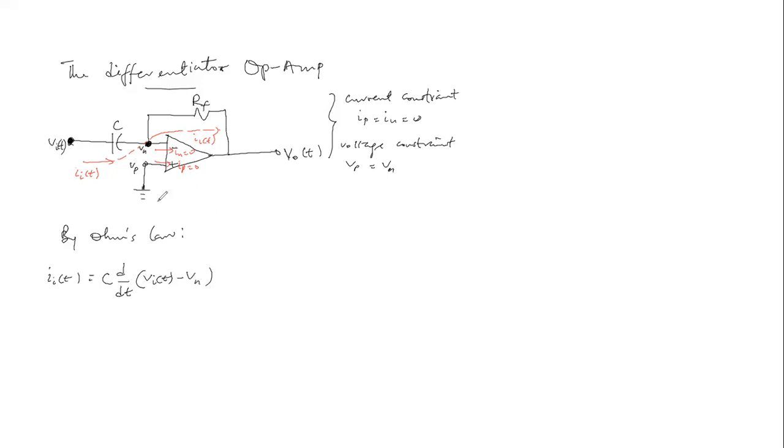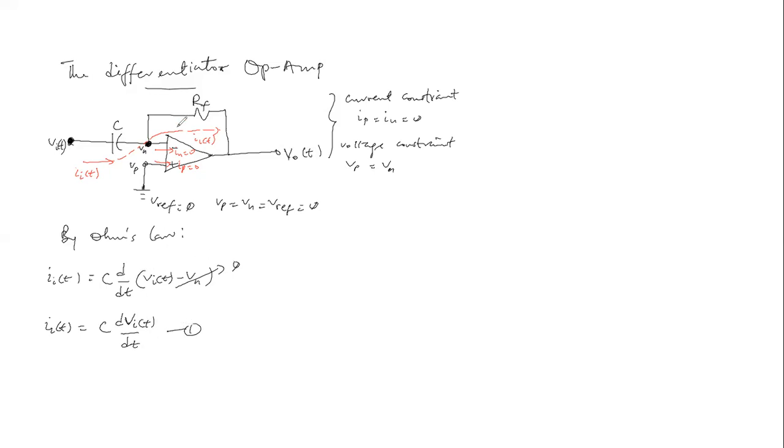And we already know that the reference value here is 0 since the non-inverting terminal is grounded, and by the voltage constraint, V sub P is the same as V sub N, and now it is the same as V ref, which is equal to 0. So this value reduces to 0. Then I sub I of t will be the same as C dV sub I of t over dt. So here's the first equation.